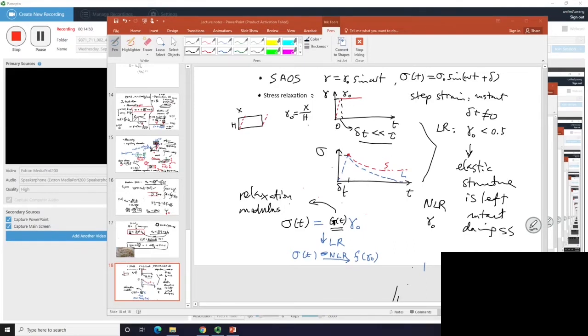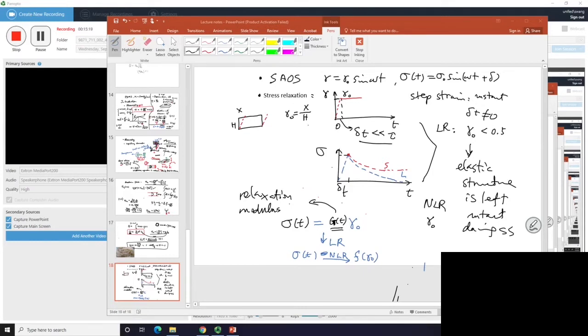Nothing better than what I did. So far I think the book has some parts that are not as good. For example, I was starting to try to introduce this G(t) without discussing stress relaxation, and that's awkward.